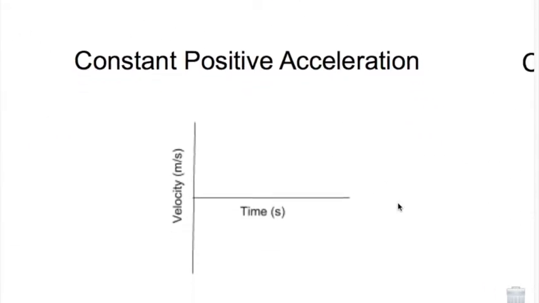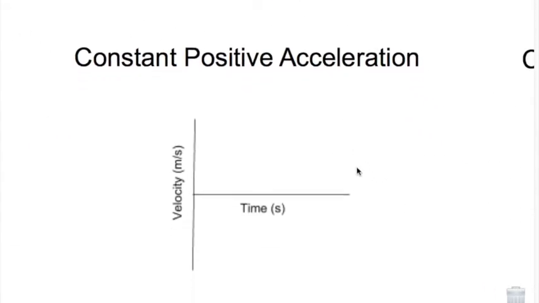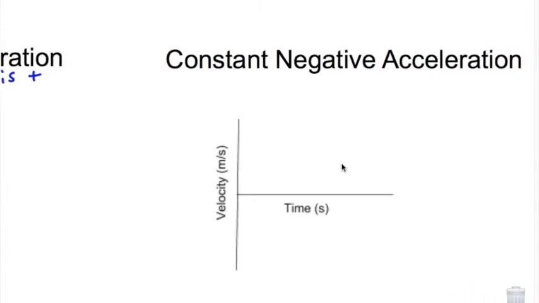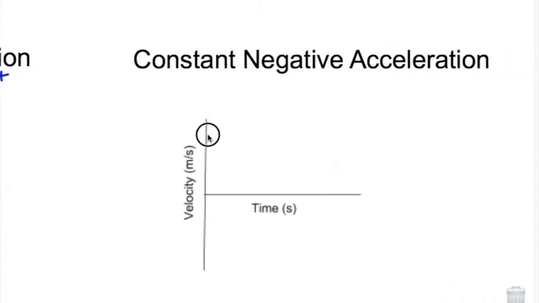If we have constant positive acceleration, then that means the slope, because acceleration is the slope of a velocity versus time graph, has to be positive. So it might look something like this. That's a constant slope, and it's positive, it's going up, so the acceleration is constant and positive. A constant negative acceleration might look something like this.